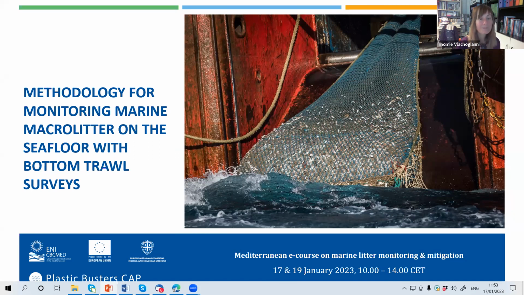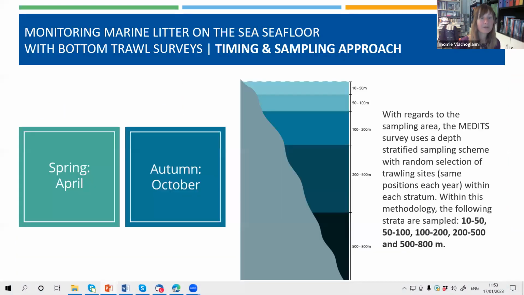We actually use typical trawling operations for fishing purposes in order to collect valuable data regarding marine macrolitter. To do that, we need to collect this data in the agreed timings, so again in spring and in autumn, and we need data that correspond to different trawling depths.